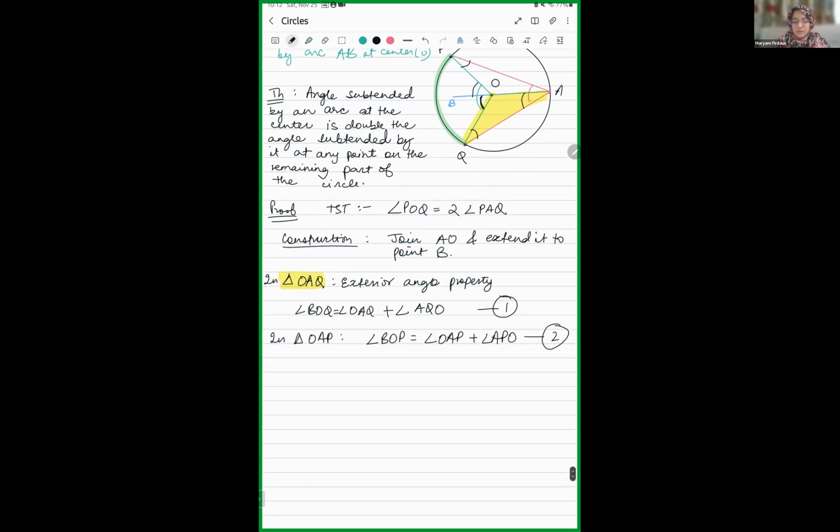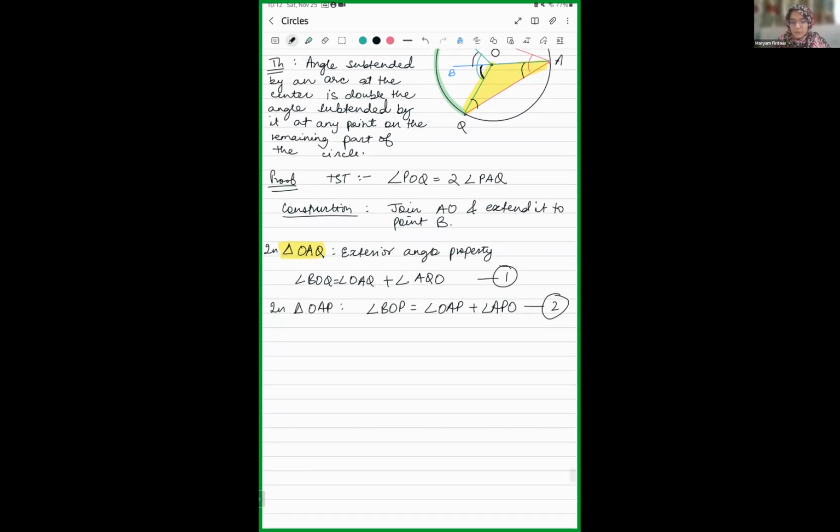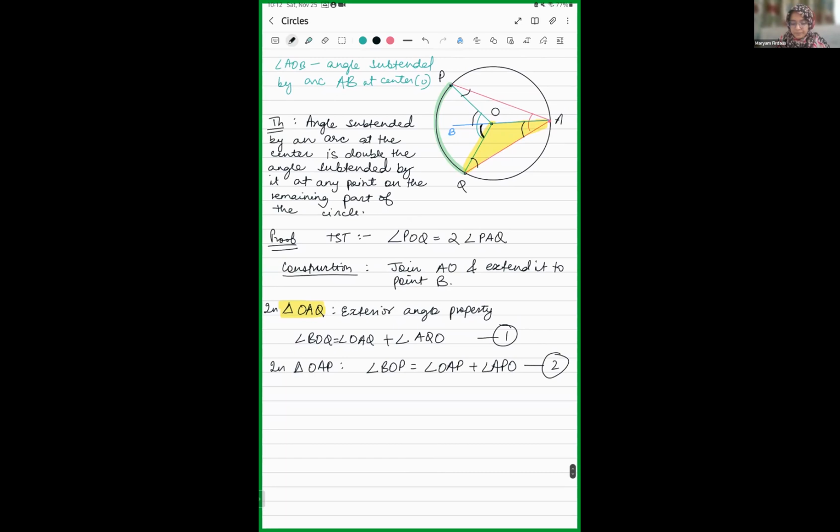Second equation. Okay. Now, if you look at the triangle OAQ, the yellow triangle.